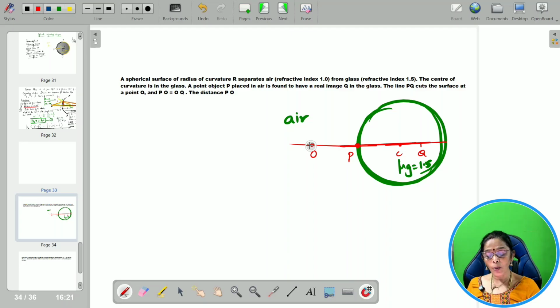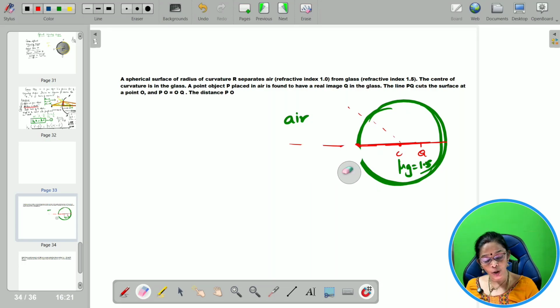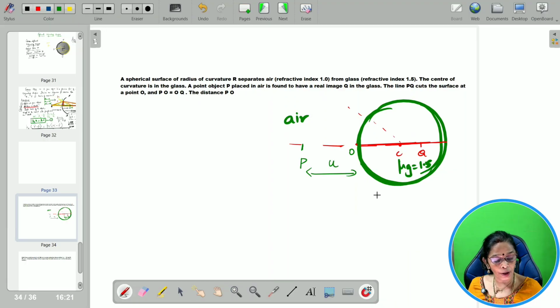So O is the object, let us suppose, and this is the normal. Here it is given PO is equal to OQ.